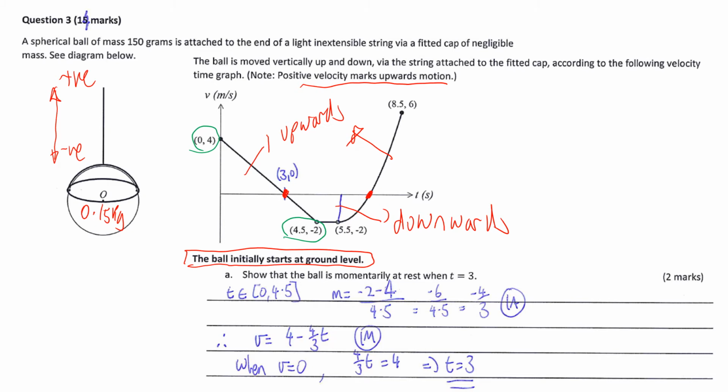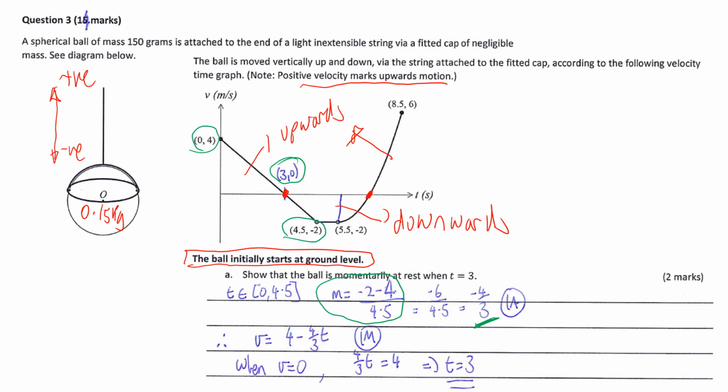So the best way to work out the value of t when v is equal to 0, when it's momentarily at rest, is to come up with a rule for that straight line. Clearly it's a straight line, therefore it's of the form y equals mx plus c. The gradient, the difference between our y values over the difference between our x values, gives us minus 4 on 3.